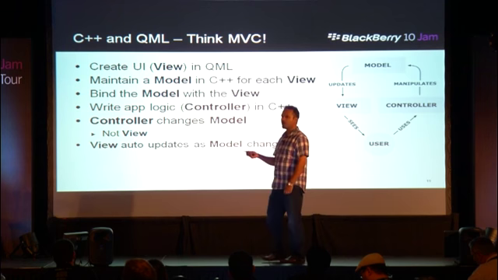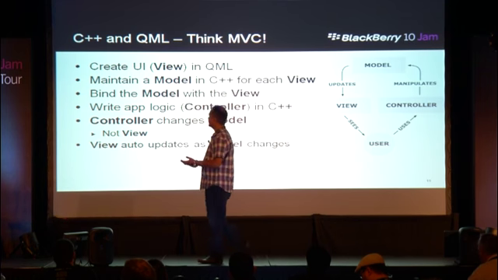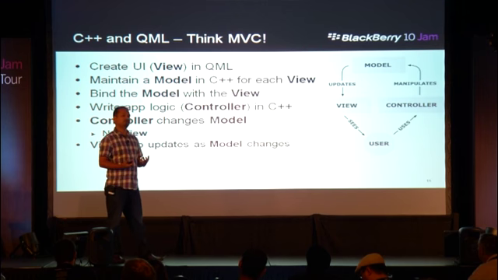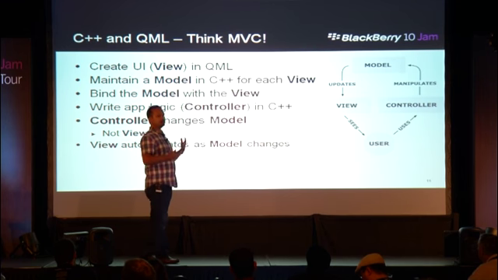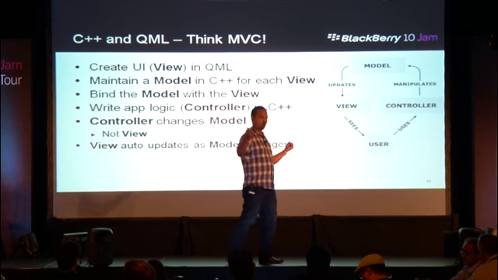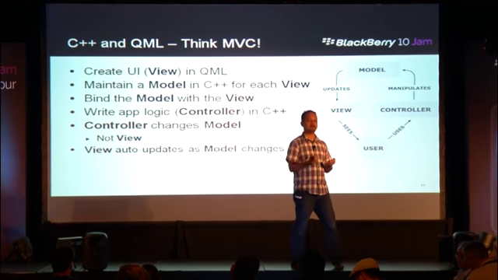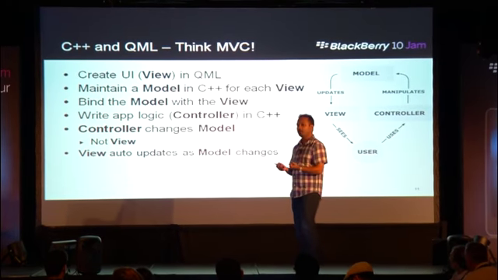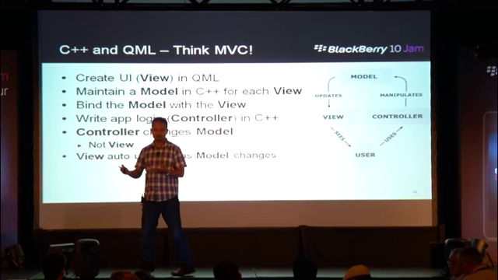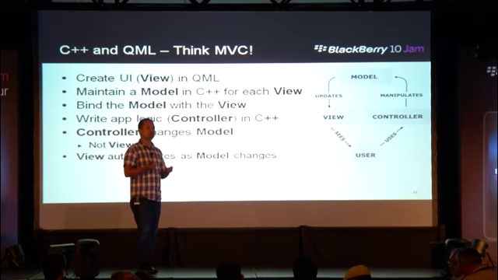So create your UI or the views in QML and maintain a model for each view in C++. And then you can connect the model in C++ with the view in QML. Once you bind them, you can do property binding in QML, and the view, the QML, and the model always stay in sync.